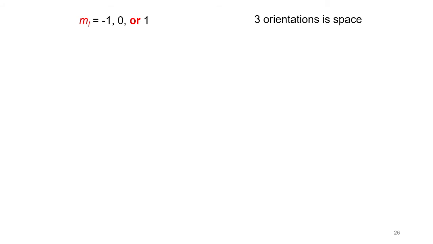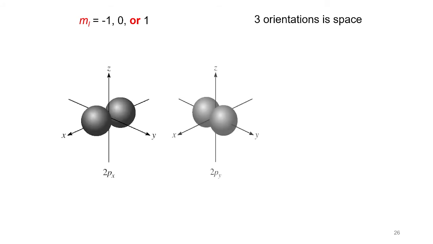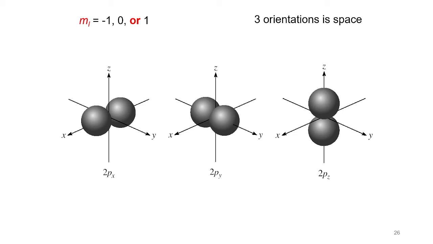For negative 1, both of the spheres are aligned with the x-axis. For the 0, both of the spheres are located along the y-axis. And for the 1, we have spheres that are aligned with the z-axis.